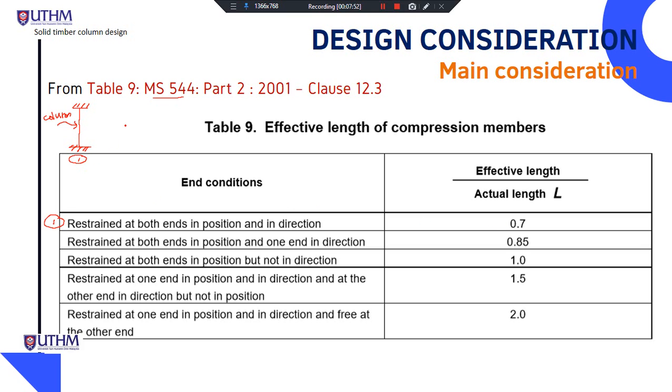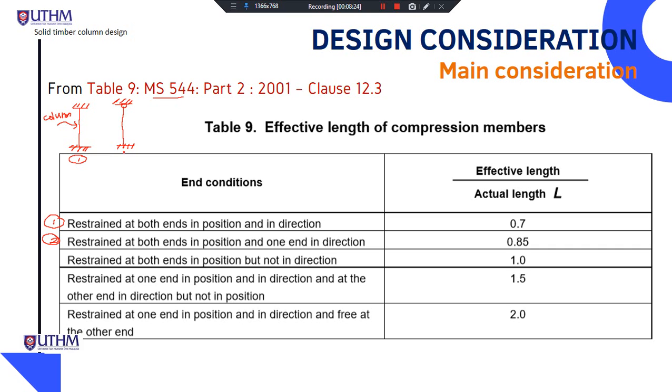Next is restrained at both ends in position and one end in direction. So this is the second end condition, a straight column. The top end is pin, meanwhile the bottom end is fixed.